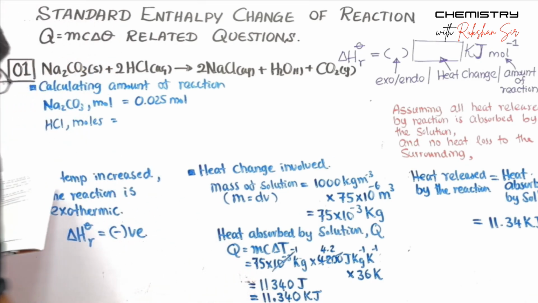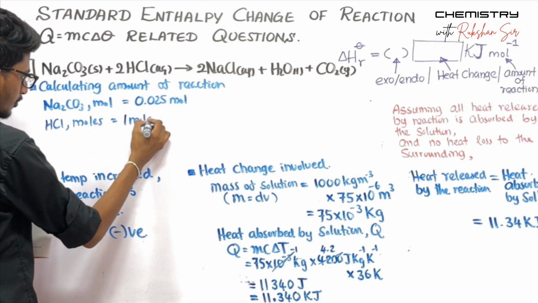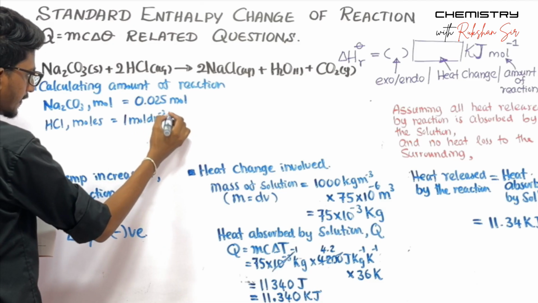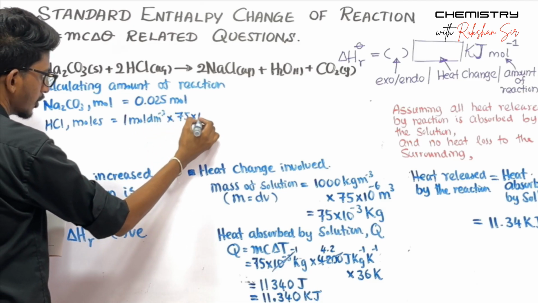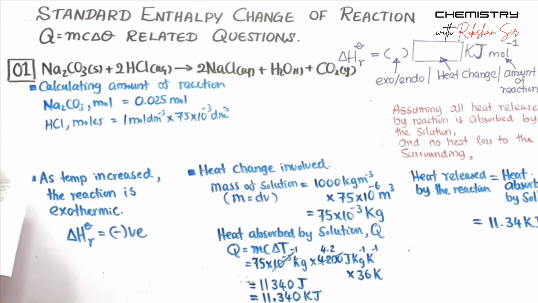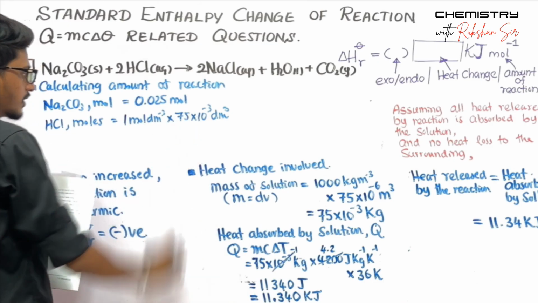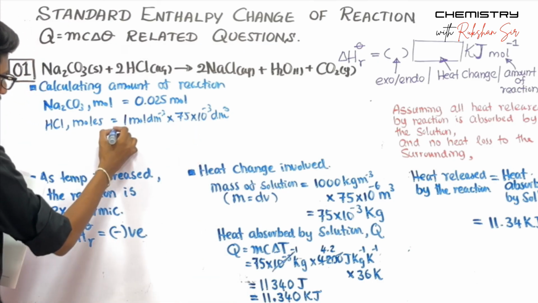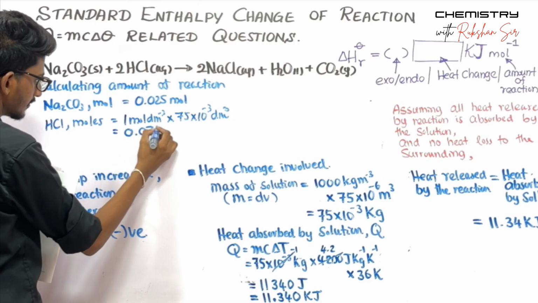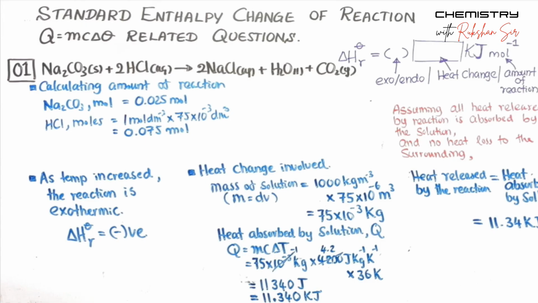Its concentration is 1 molar, volume is 75 into 10 to the power minus 3 decimeter cubes. That value is going to be 75 into 10 to the power minus 3, that means 0.075. So which one is going to be the limiting?